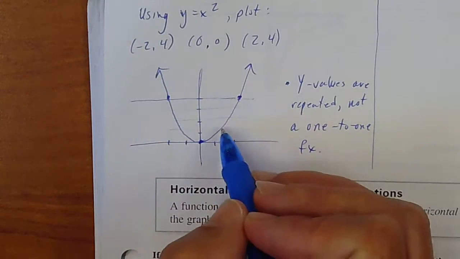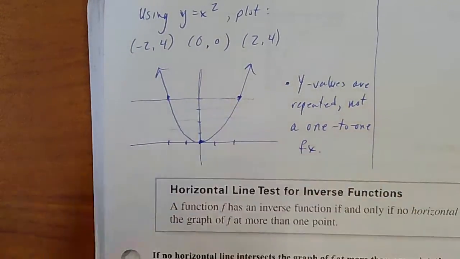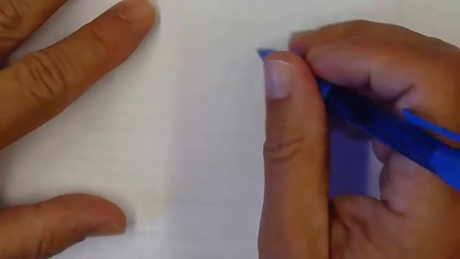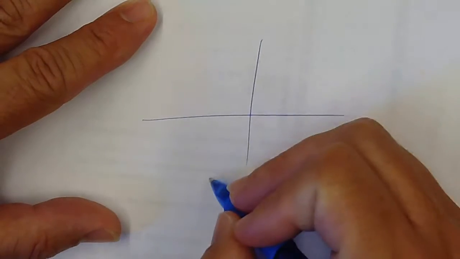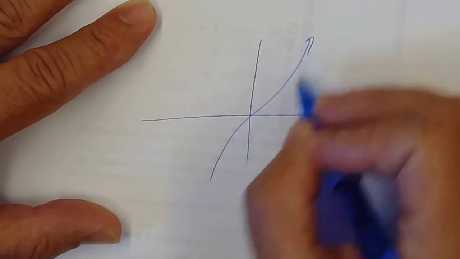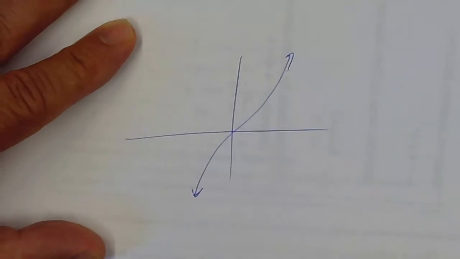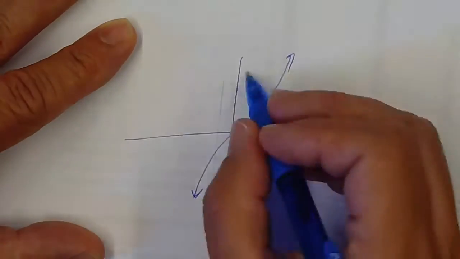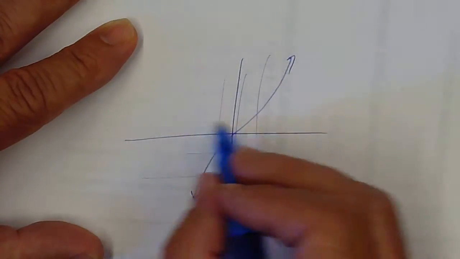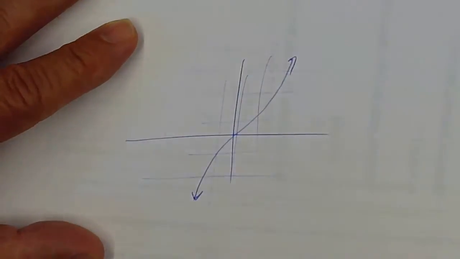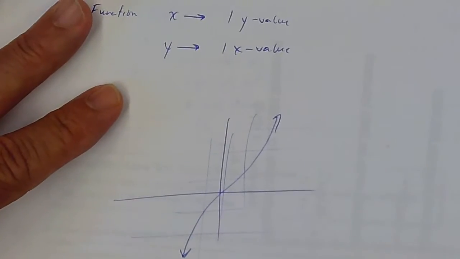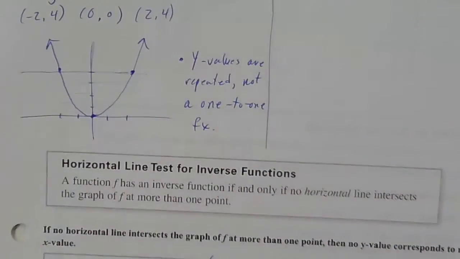Okay, so if it intersects at more than one spot, we say it's not one-to-one. We need to see something like this. Maybe a graph that's y equals x cubed, right? It looks like this. This is a one-to-one function. It passes the vertical line test and it passes the horizontal line test. It intersects at one spot. Okay, so that's what you're looking for for it to be one-to-one.